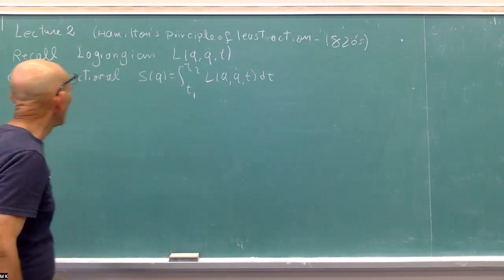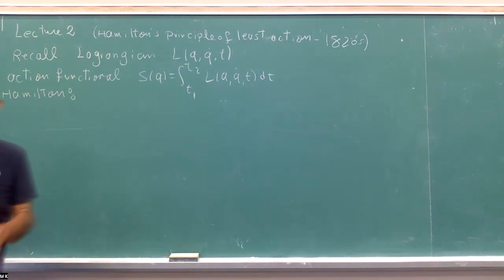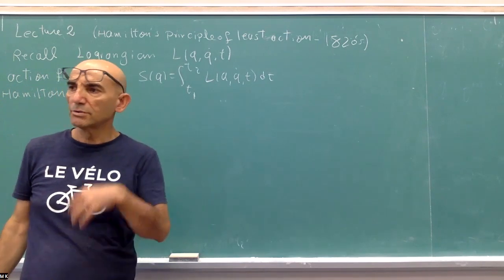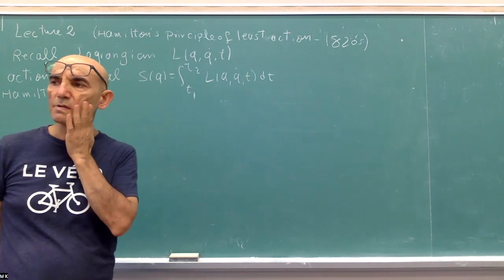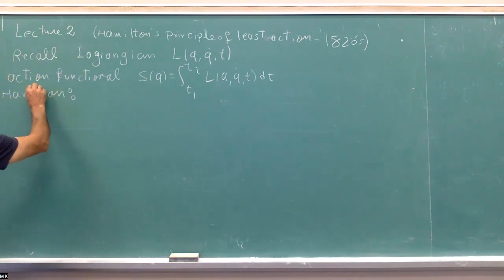path of motion, mechanical motion, so this is Hamilton's. Although, of course, as we discussed, it has a long history in the work of Euler, Lagrange, Fermat, all these guys. But Hamilton kind of consolidated everything.